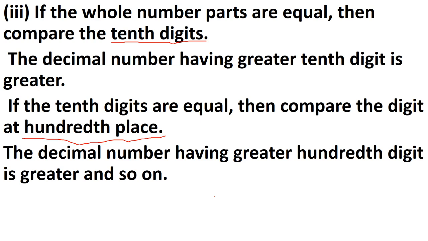A decimal number whose whole number part is greater is greater. If the whole number parts are equal, then we compare the 10th place digit. A decimal number having the greater 10th place digit is greater. And if the 10th place digit is also equal, then compare the 100th place digit. Okay.